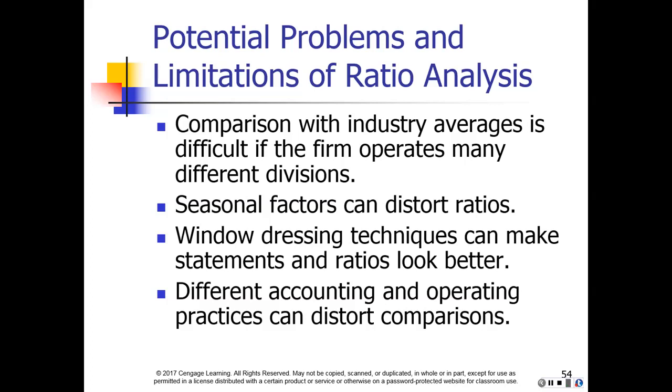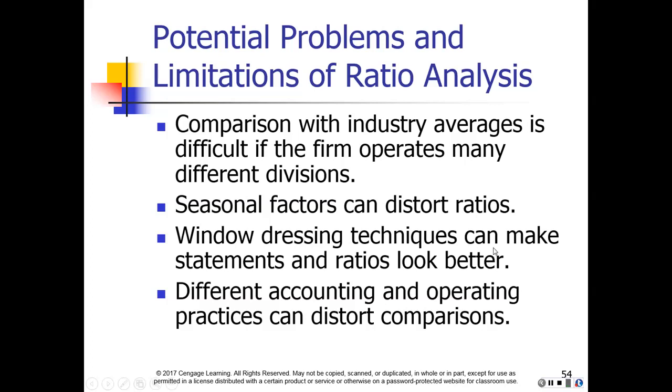Seasonal factors can distort ratios, right? Some companies do much better business in Christmas seasons. Others do much more business and are more profitable in the summers. You can think about the air conditioning business, for instance, right? So the ratios can be different in different seasons.